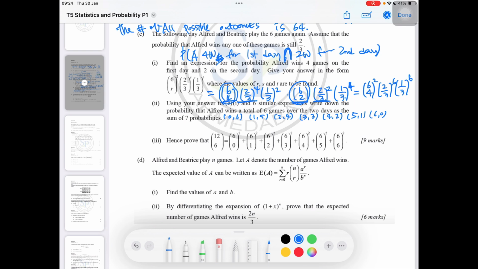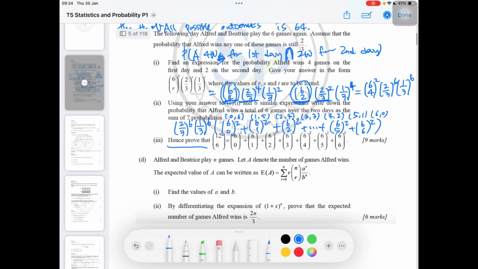Now, yeah, we understood. 2 over 3 to the power of 6, 1 over 3 to the power of 6 is just common. So 6 to 0 squared, 6 to 1 squared, 6 to 2 squared, and so on, 6 to 5 squared, 6 to 6 squared.